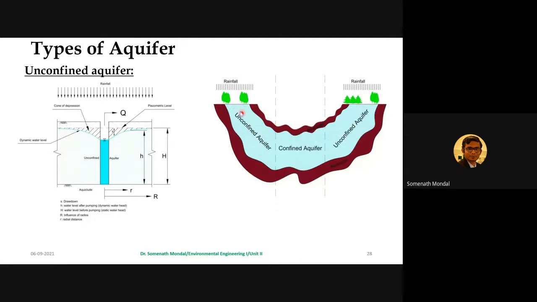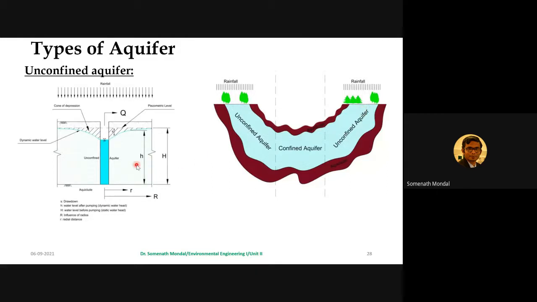So in this case, this part and these parts are unconfined aquifer, since the top portion is basically the water table. It may come up to here, but still the top boundary is water table, and we have no impermeable boundary which is confining the upper boundary of the aquifer. That is what is known as unconfined aquifer.